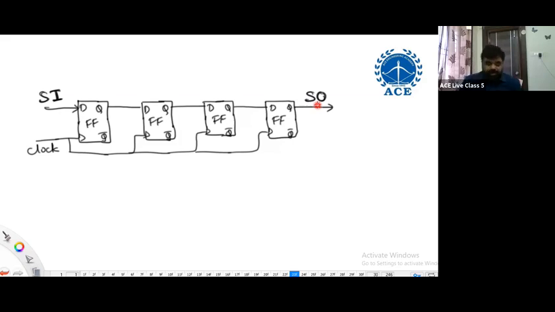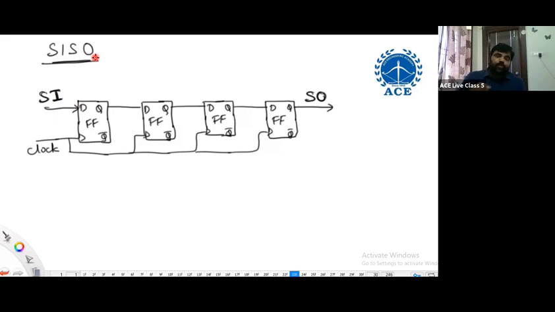In this operation, it is possible to feed bit by bit at the first flip-flop input only, and to read at the output of the last flip-flop only, bit by bit serially. So, serial input, serial output.